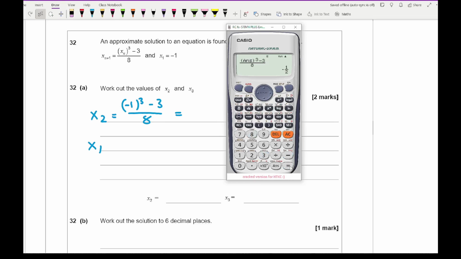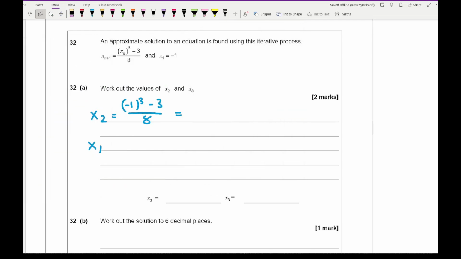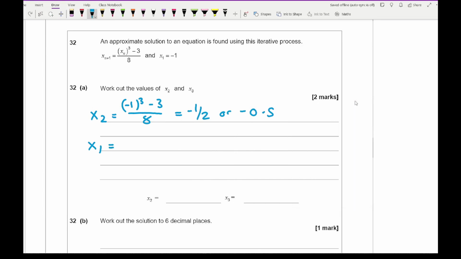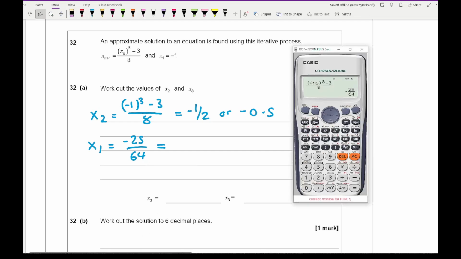Then if I press equals, my first answer for x2 is minus a half, or minus 0.5. Then the next time I press equals, it gives me 25 over 64, which as a decimal is that long number there.